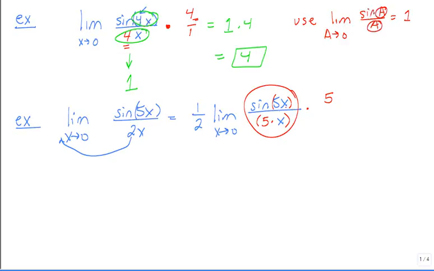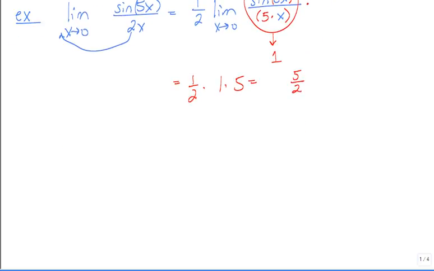So right here, since 5x and 5x, sine 5x over 5x goes to 1. So this goes to 1/2 times 1 times 5, which is 5/2. Now, we're not canceling anything or doing anything like that, so it's important here how you get to the answer. The steps are very, very important. There's no canceling going on.